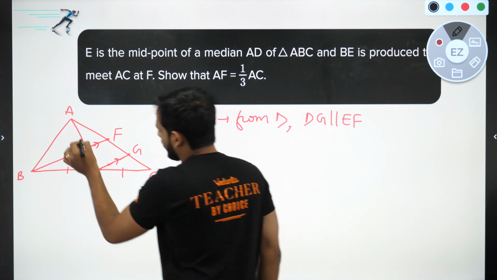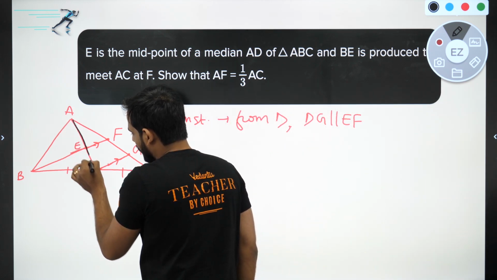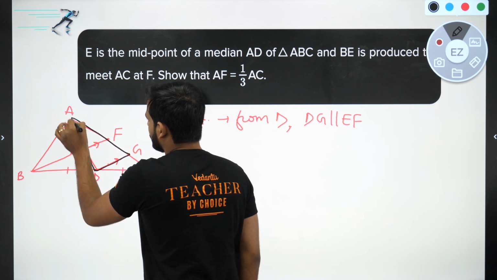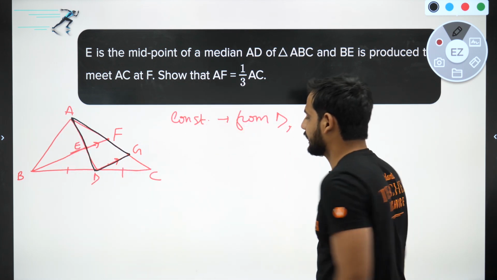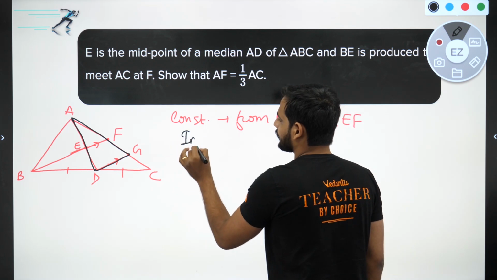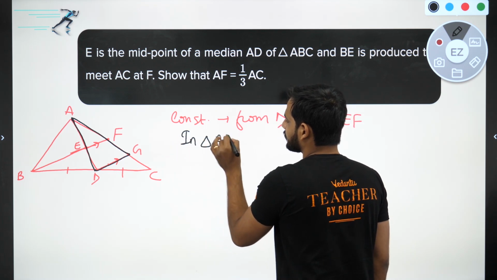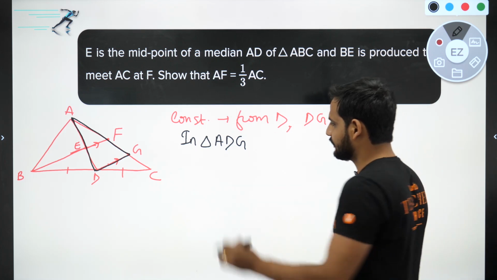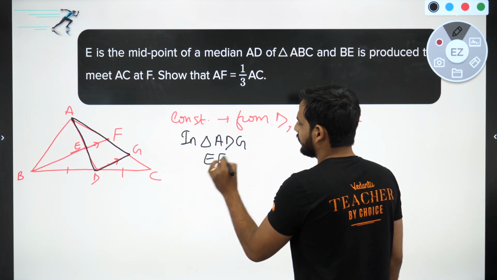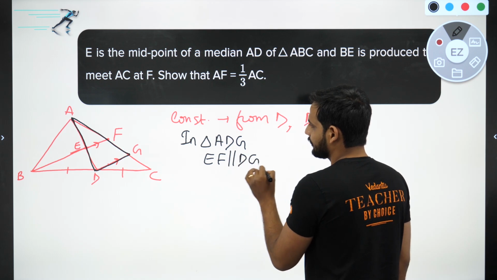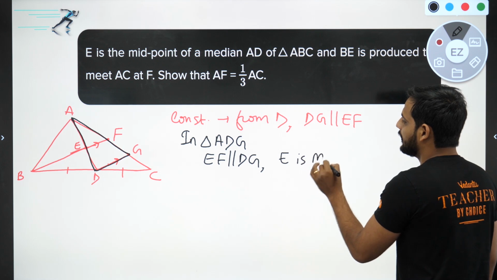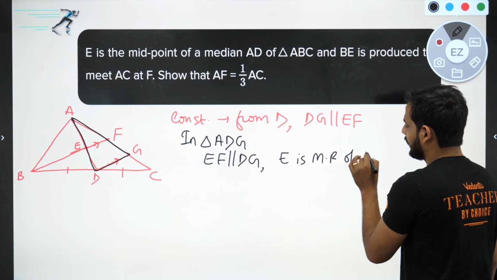Look at this triangle ADG. In triangle ADG, if you look carefully, first, EF is parallel to DG by construction, right? And E is the midpoint of AD.